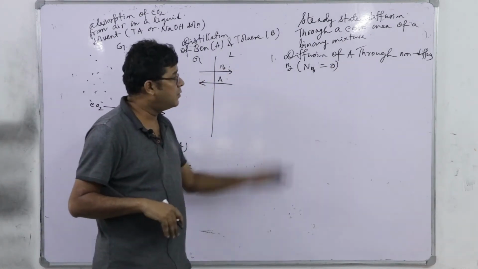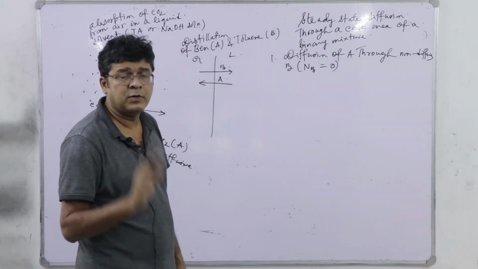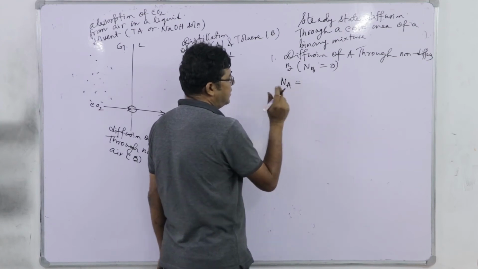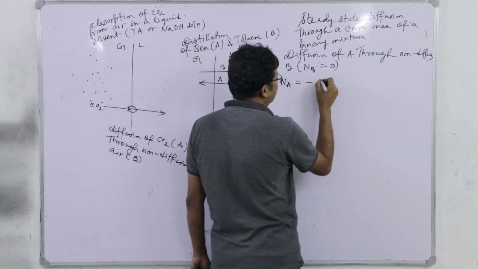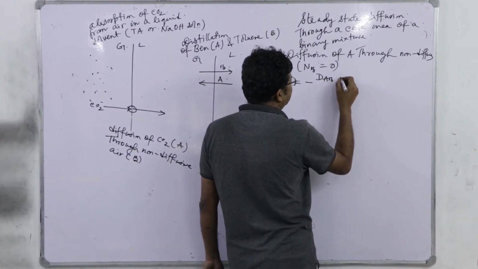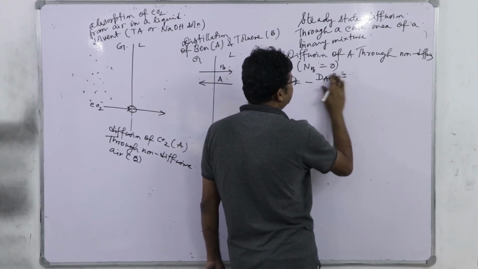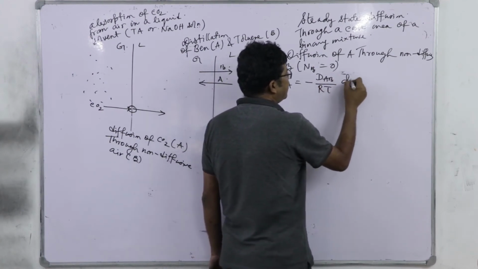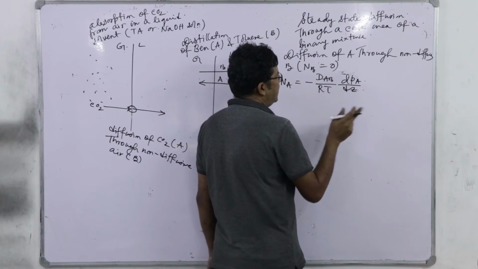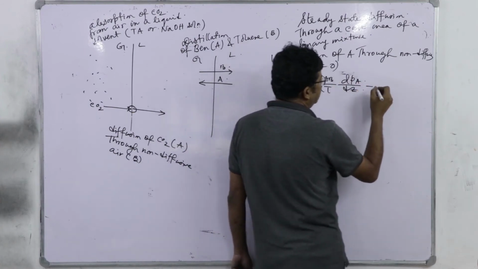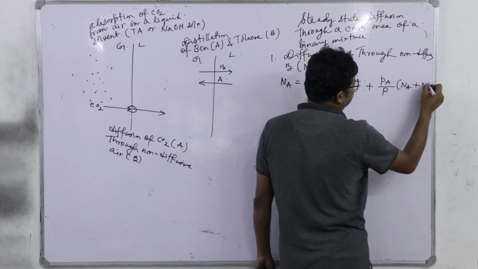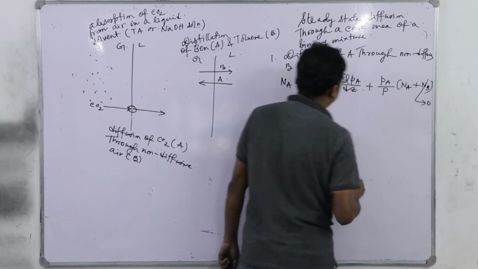And we will derive this equation in terms of partial pressure, because we are now discussing gas diffusion. So, Na, one dimensional, there is no vector, it is a scalar component. Na equals minus of DAB by RT dPA by dZ plus PA by P into Na plus Nb, that is the general equation. Now, Nb is equal to 0.